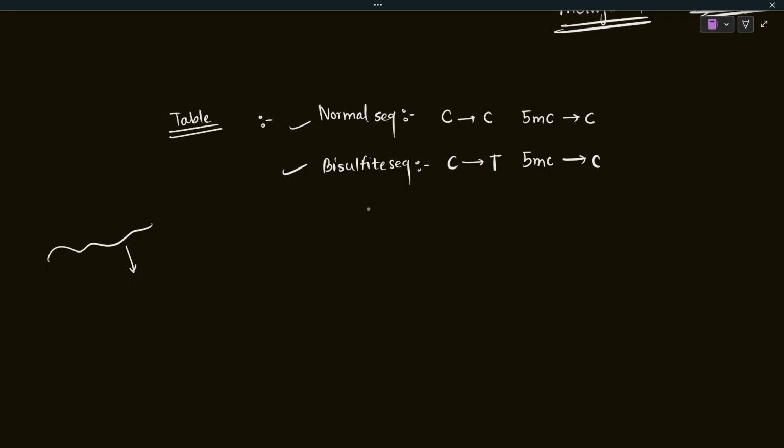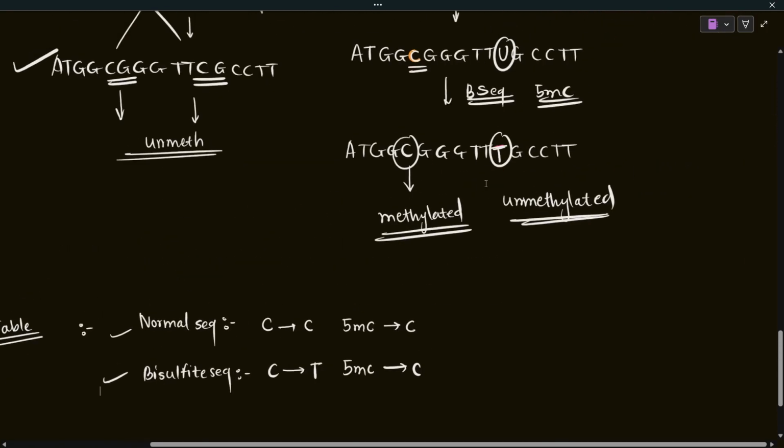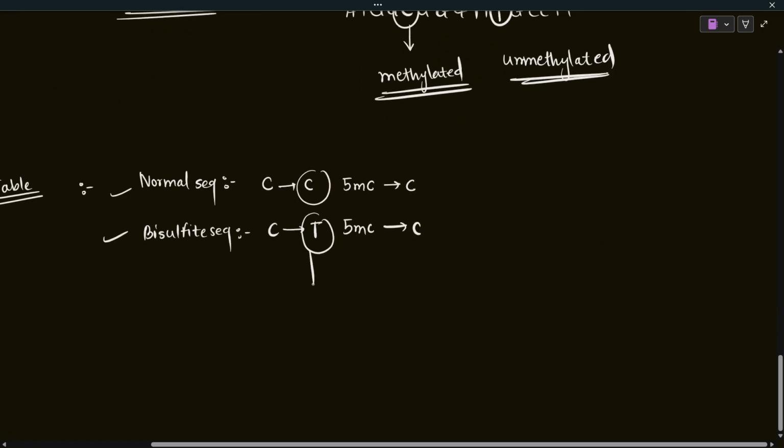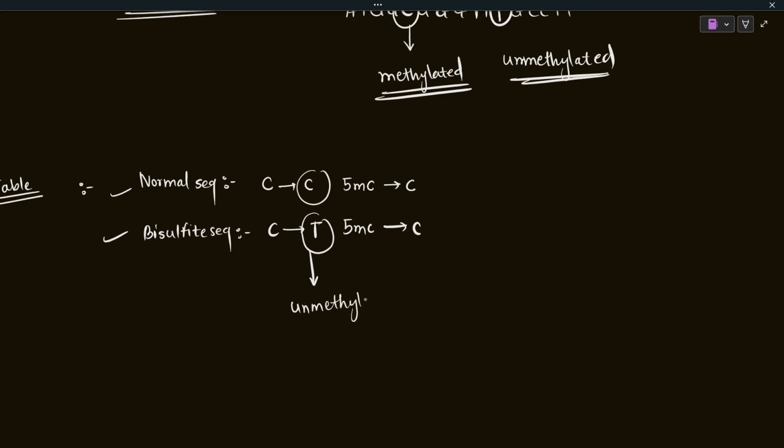Just like here, in the normal DNA sequence it was C, and in the bisulfite it was T, which means this is an unmethylated cytosine. And in the normal sequencing, if it is C, and even after doing bisulfite sequencing it remains C, it means that cytosine was methylated.